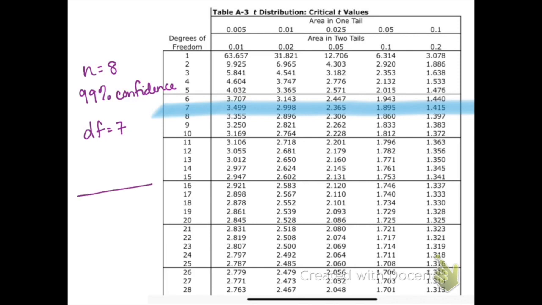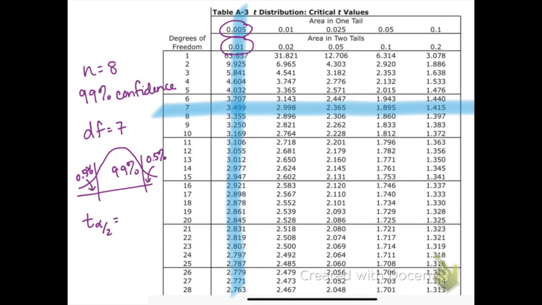If we have 99% confidence, then that tells us that we have 1% that would be remaining, which means we have 0.5% in each of the tails, or, as I said, 1% in the two tails combined. That would be this first column, where we have 0.5% in one tail, or that would be 1% in two tails. So in this case, our critical t-score would be equal to 3.499.